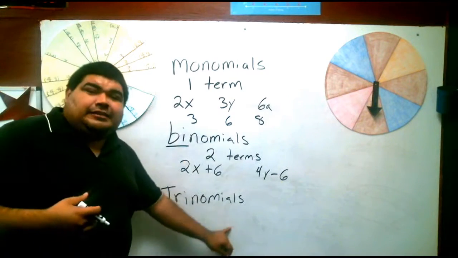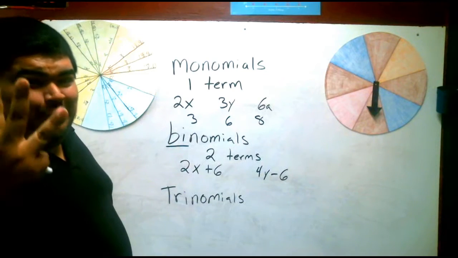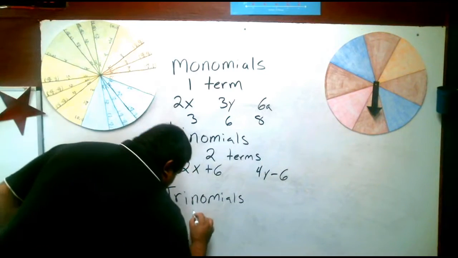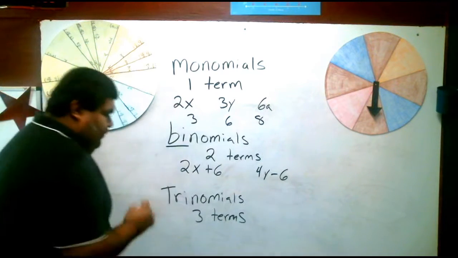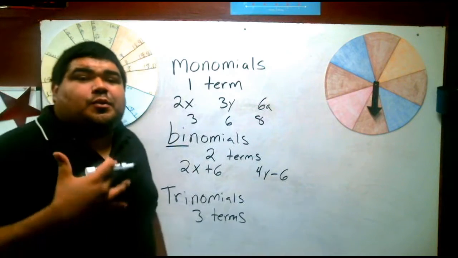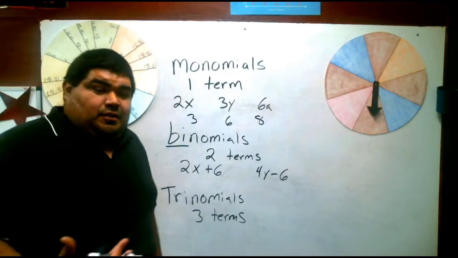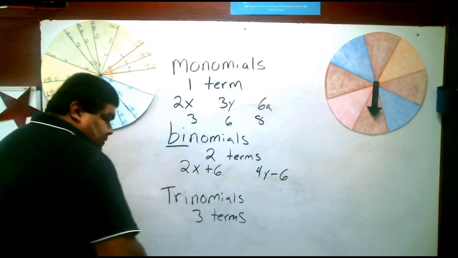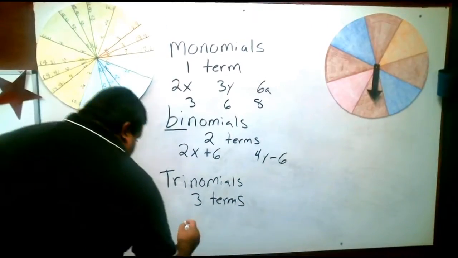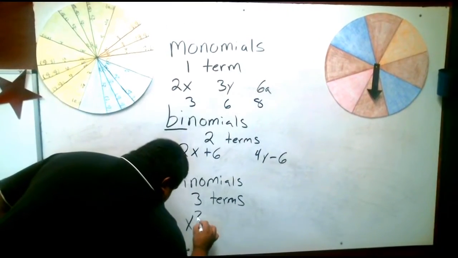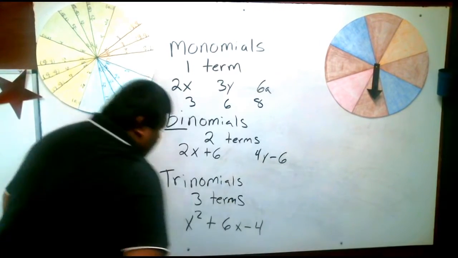Trinomials, hint, it also says it in the name at the beginning. Tri means three terms. This is where we start seeing things like quadratics, when we have x squared plus 6x minus 4.